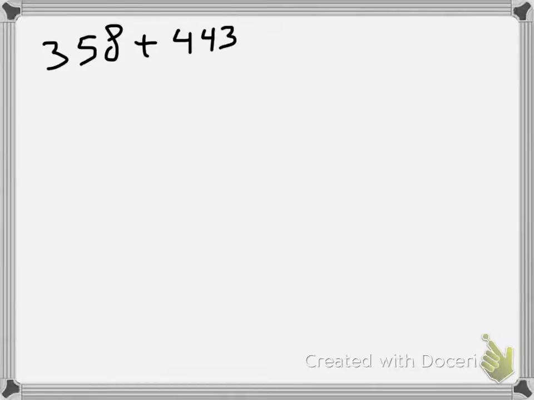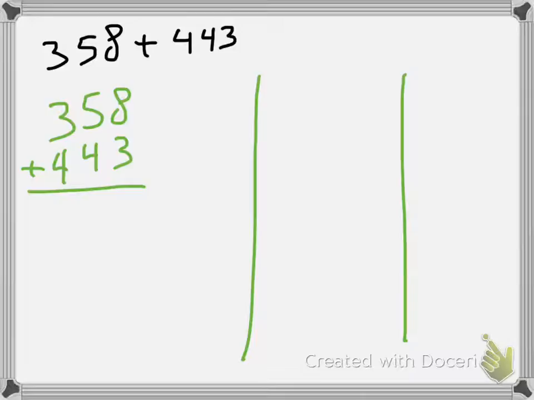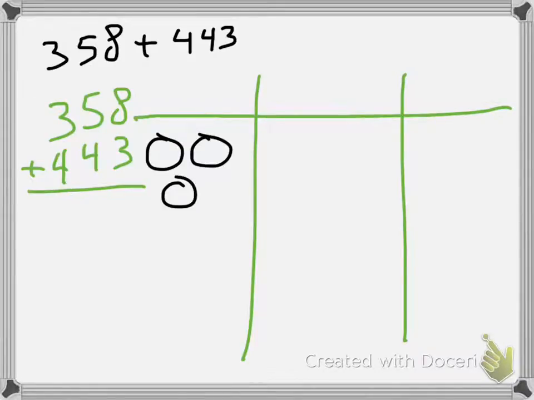It's pretty similar, actually almost identical. So I'm going to go ahead and set this up vertically. And then set up my place value chart. I'm going to go ahead and switch colors actually. So I've got 100, 200, 300s, and 350.